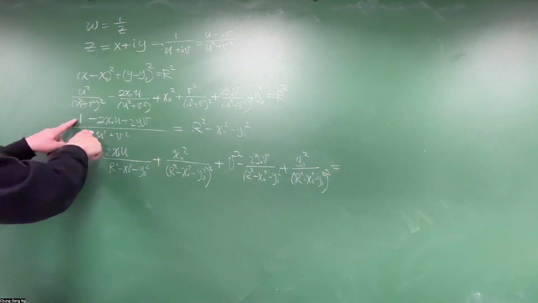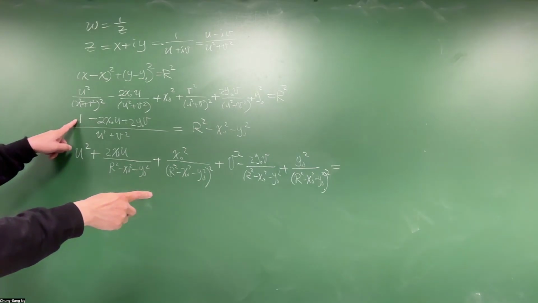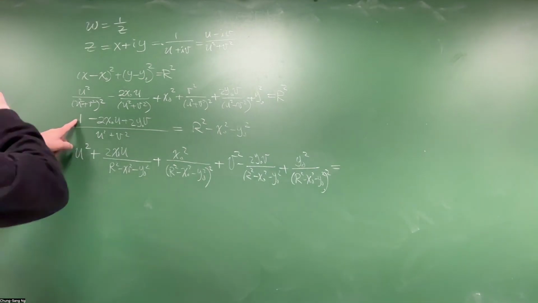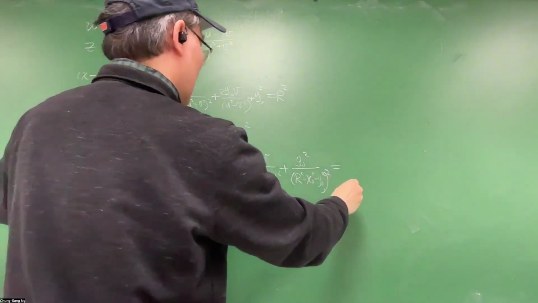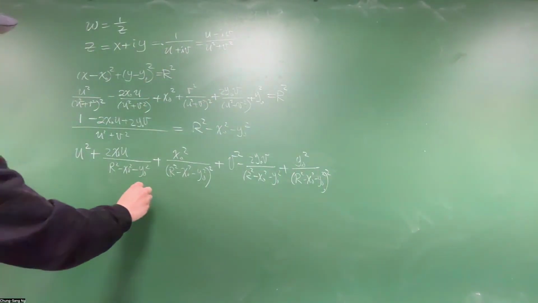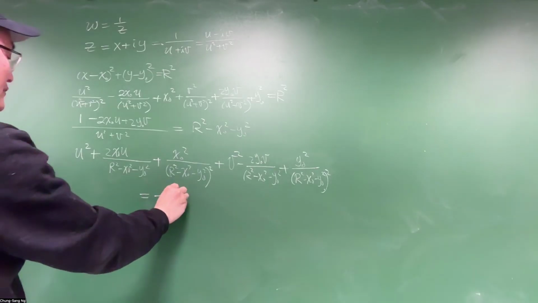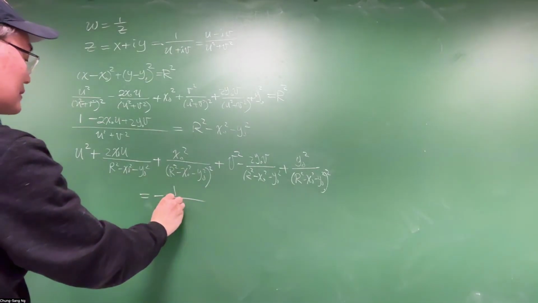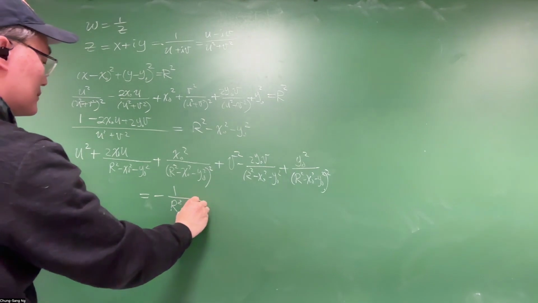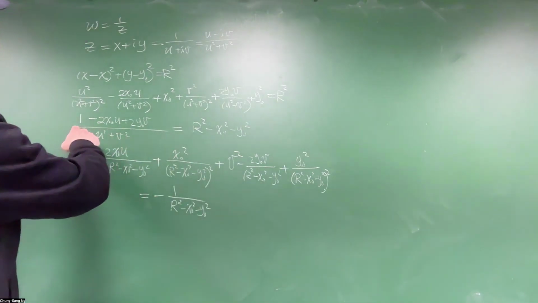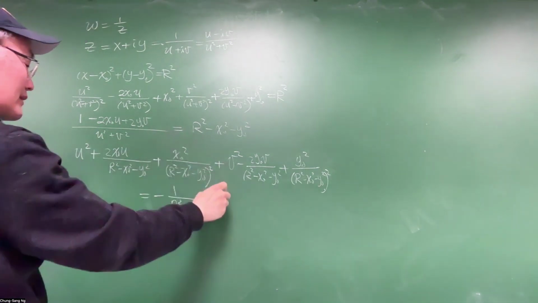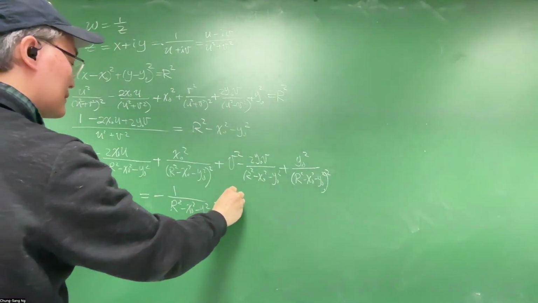So you have the one term and move to the other side. Right? Minus, or let's write equals to minus 1 over. Right? And then subtract all these things. Subtract.